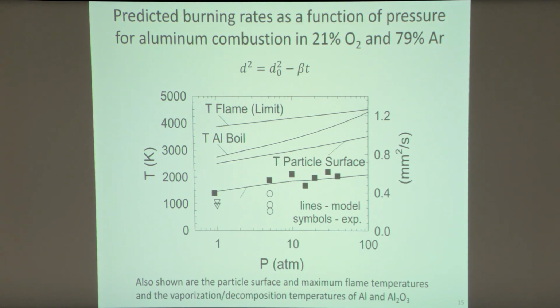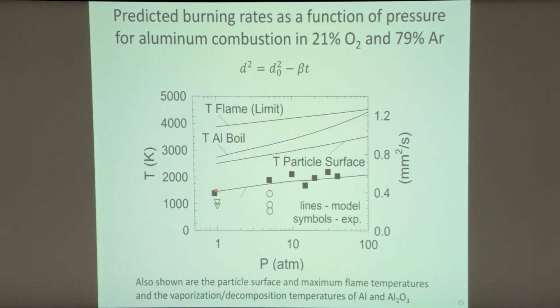Okay, and the Spalding B number is only weakly dependent on pressure. Rho is directly dependent on pressure, but the diffusivity is inversely dependent on pressure, so rho times D cancels out the pressure effect. But you see here a little bit of pressure dependency, but not much.